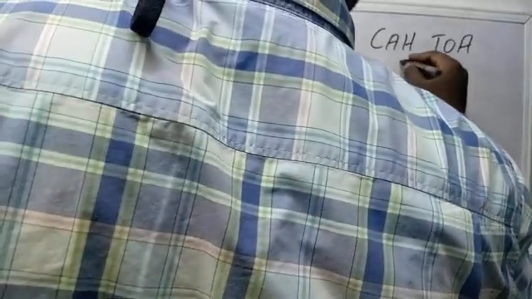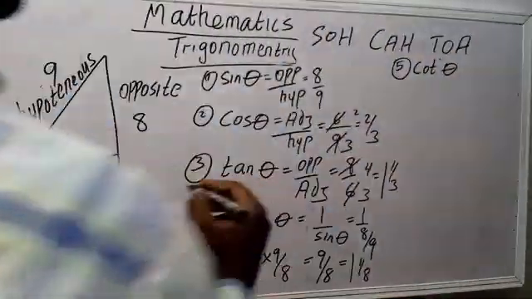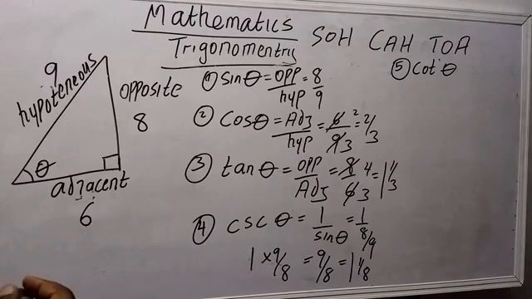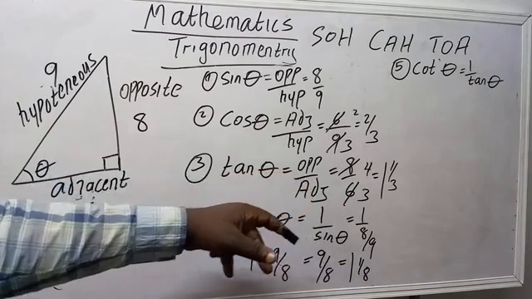Number 5. We have cot theta. Cot theta means inverse of tan, equals 1 over tan theta. As I said earlier, our tan theta is opposite over adjacent.